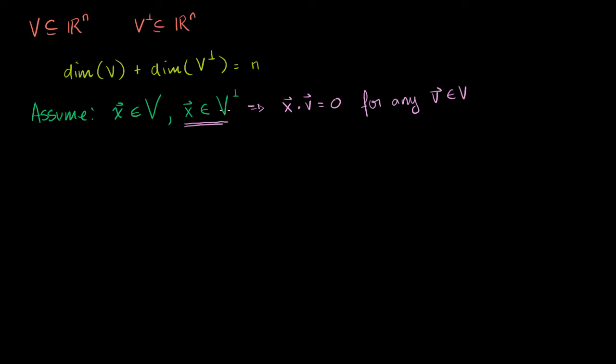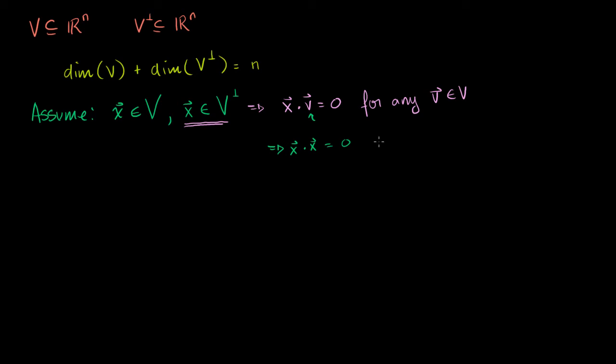That's what it means to be a member of V's orthogonal complement. Now, we assume that x is also a member of V. So that means that we could stick x here as well, right? For any member of V, x is also a member of V. So that implies that x dot x is equal to 0.